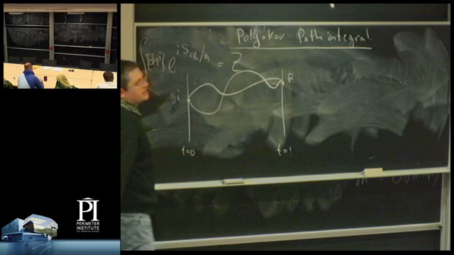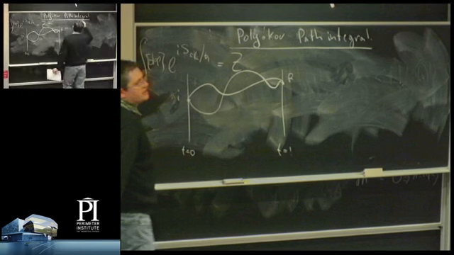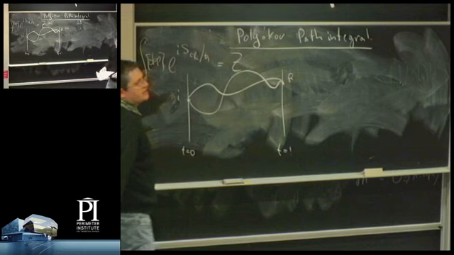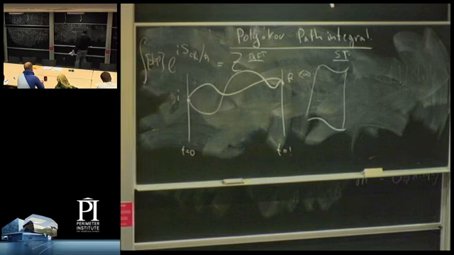So we would like to use exactly the same philosophy for a string. So this is QFT, and now we move into string theory, right? In string theory, the way to specify initial and final states is to specify the configuration of the string at the initial time and at the final time, and let the string propagate.